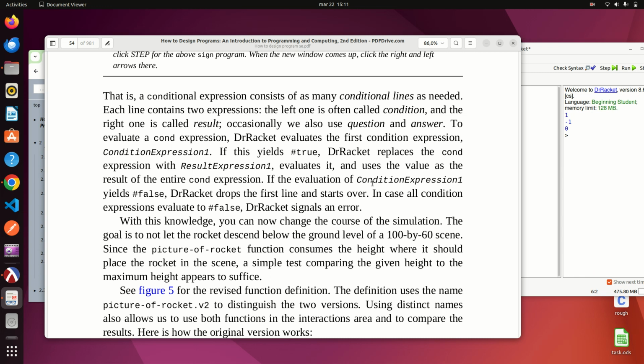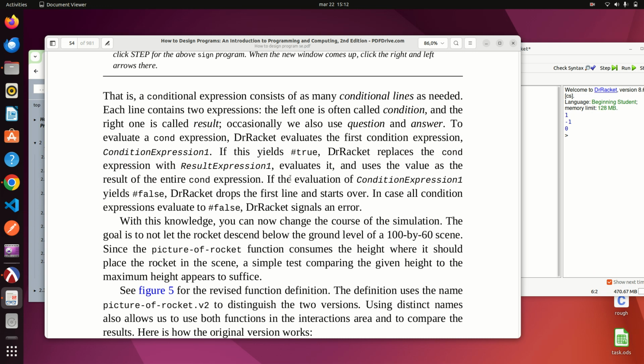Occasionally we also use question and answer. To evaluate a cond expression, Dr. Racket evaluates the first conditional expression. If this yields true, Dr. Racket replaces the cond expression with the result expression, evaluates it, and uses the value as the result of the entire expression.